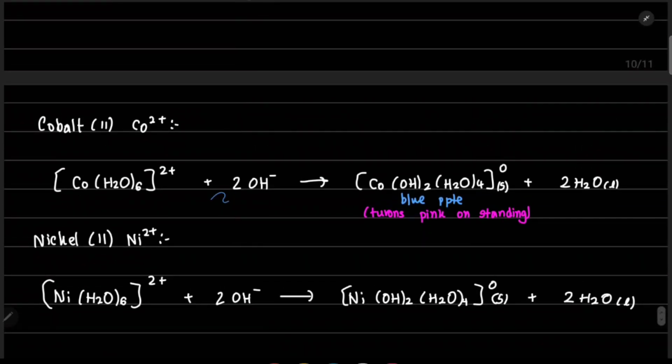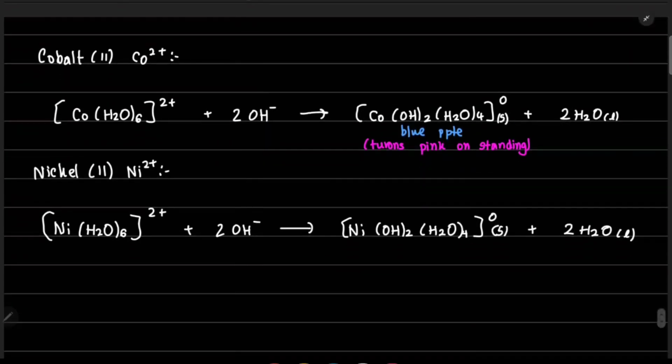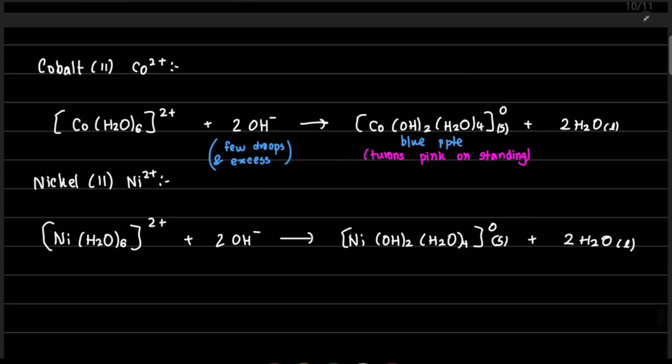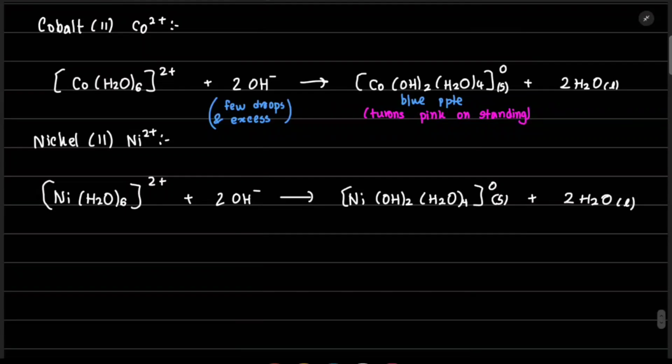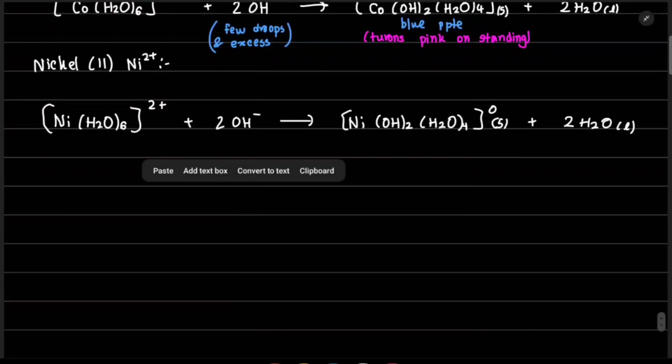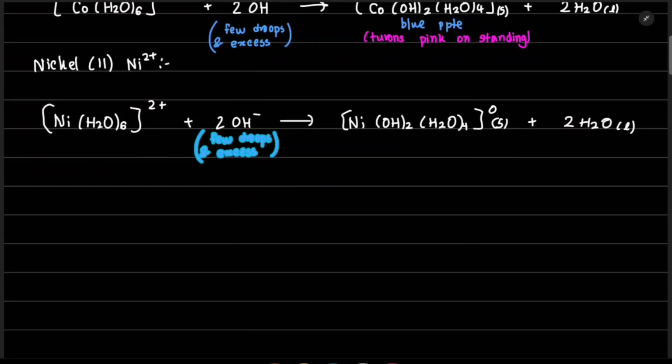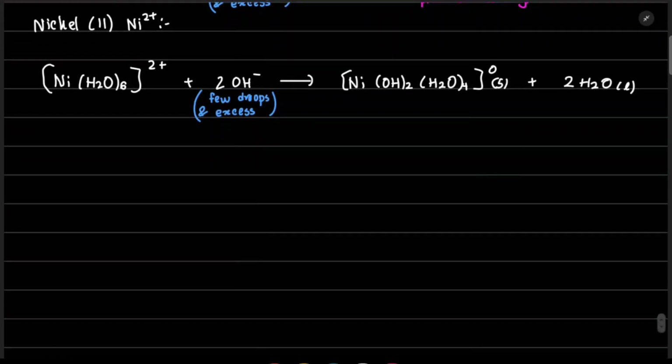For the previous case as well, we have the same scenario if we add excess or a few drops. Same here for nickel. The color of Ni(OH)2(H2O)4 is green. This is a green precipitate.